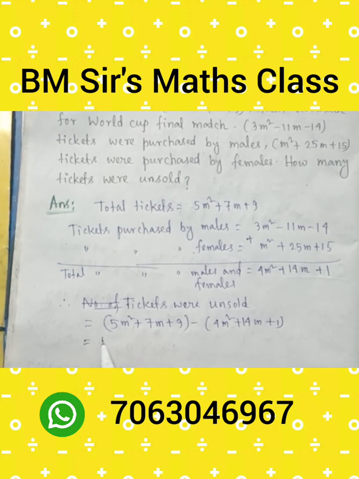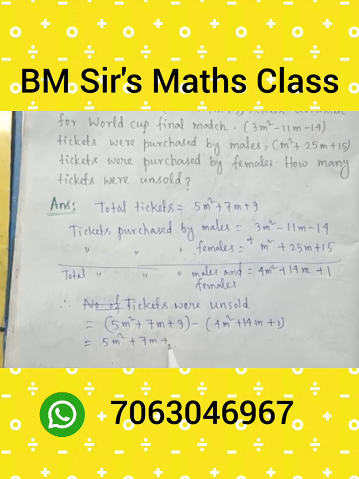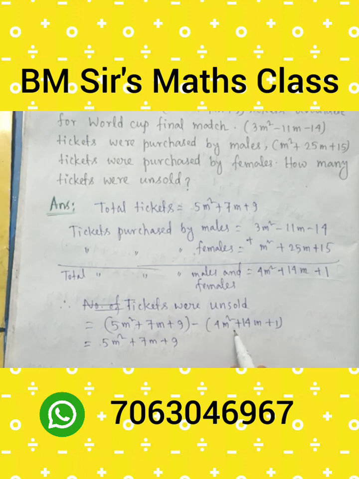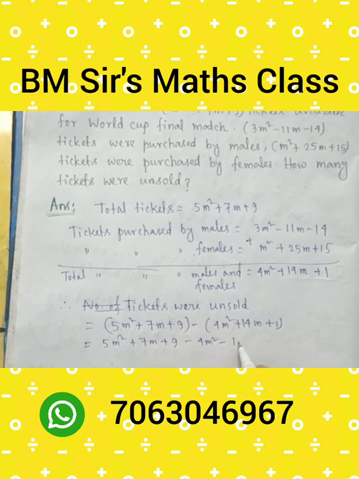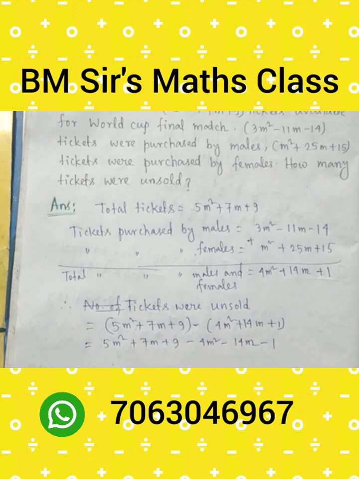To subtract it, 5m square plus 7m plus 9 will be unchanged, and multiply by this minus, that means the signs of all these three terms will be changed. Minus plus minus 4m square and minus plus minus 14m minus plus minus 1.